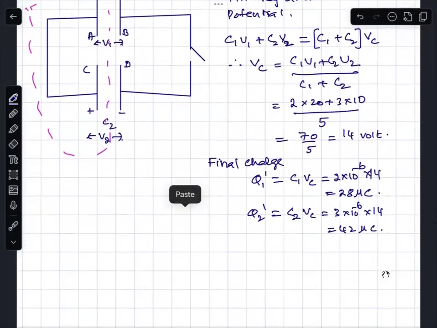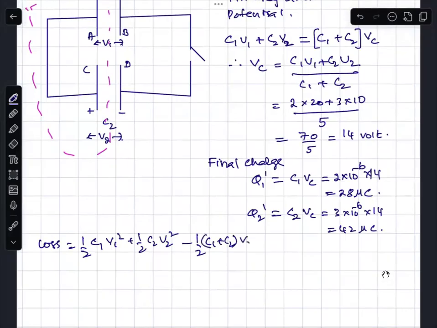Find how much heat is produced in the circuit. Please remember loss: half C1 V1 square plus half C2 V2 square minus half C1 plus C2 V common square. Solving which you will get C1 C2 by C1 plus C2 into V1 minus V2 whole square. Remember, this is also an important model formula as far as mains is concerned.